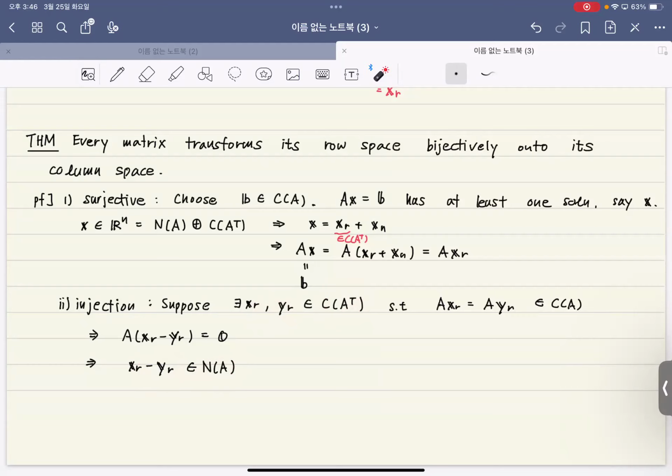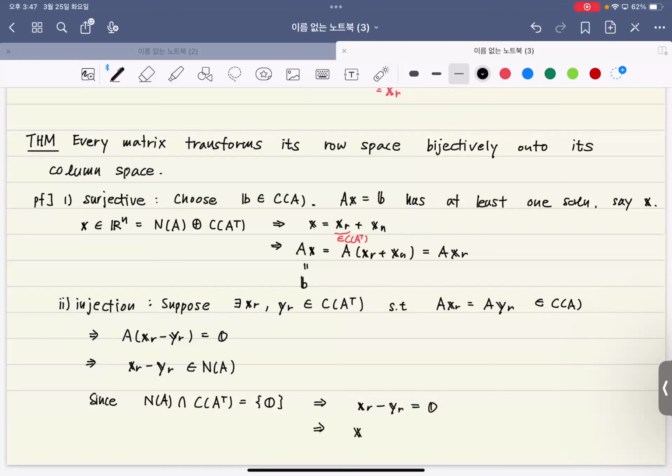The zero vector. So x_r minus y_r must be the zero vector, which means these two vectors are the same.